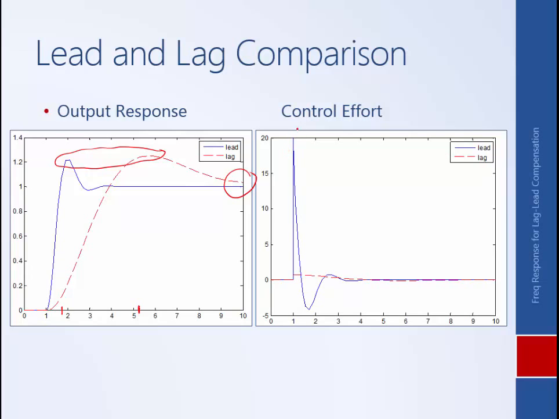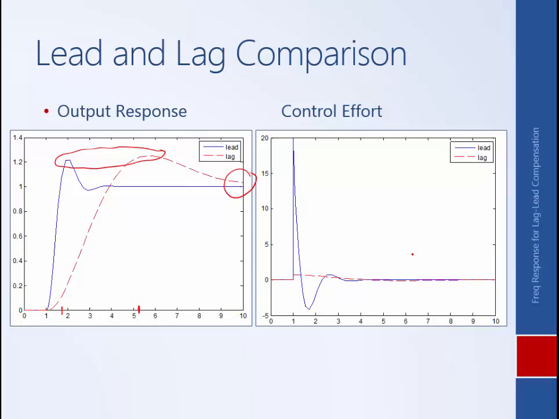It has larger peaks of control effort, which indicates needing a larger actuator. And overall, the control effort is larger, for example if we integrated this control effort over time. That could correspond to needing more fuel or more power from a battery or whatever.